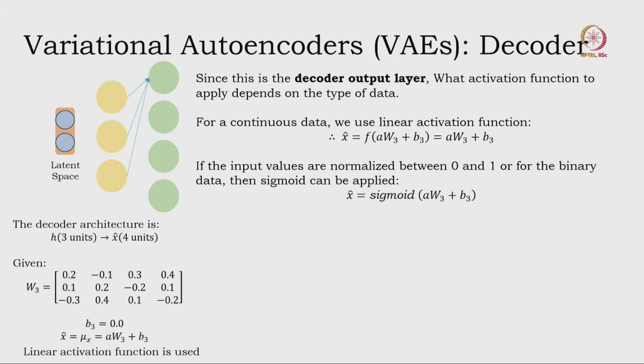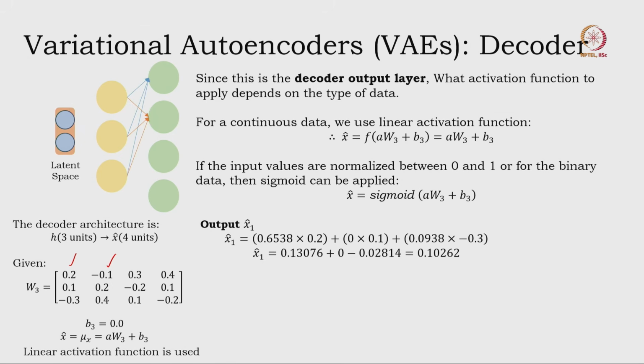Since there are 3 such inputs that are passed, you require 3 connections and 3 weights. Those 3 weights are 0.2, 0.1 and minus 0.3. In a similar way, you will establish connections for the others. Again, you require 3 connections, 3 such neuron weights. So this is the calculation.